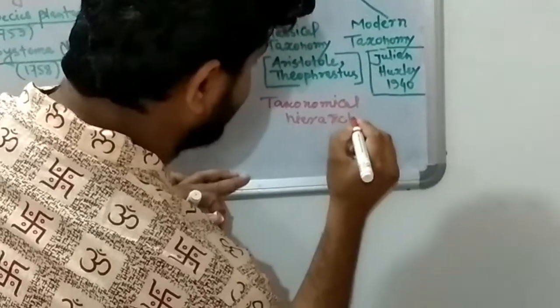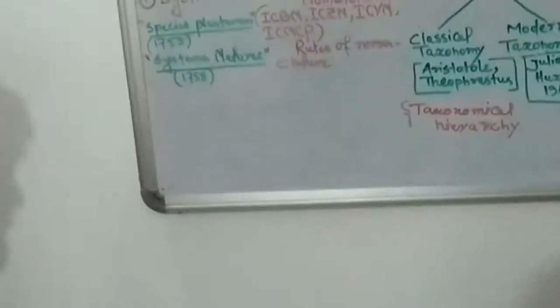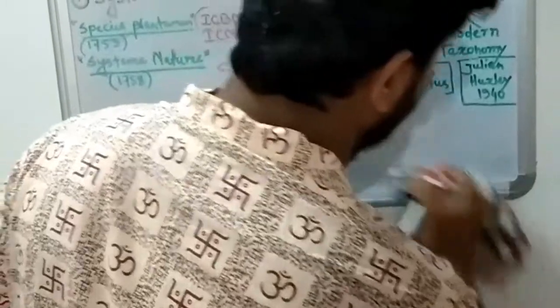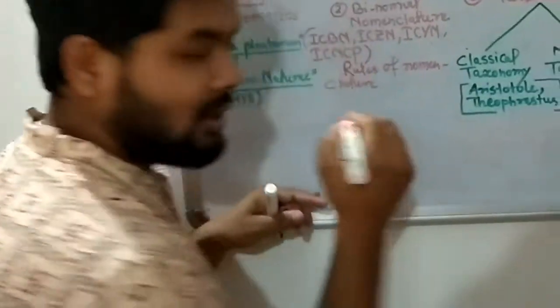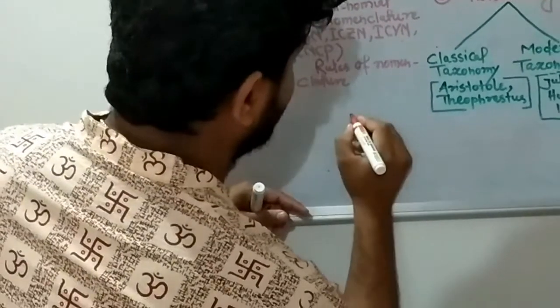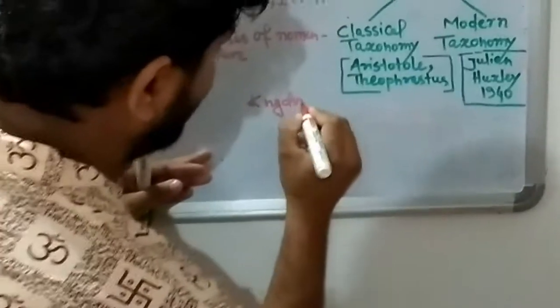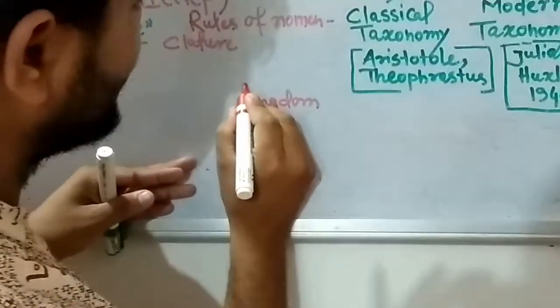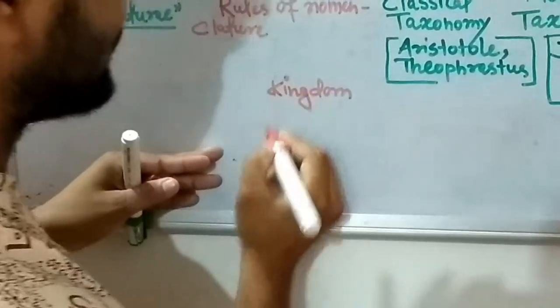Now what is that taxonomical hierarchy? It is nothing but the different categories within taxonomy. Now what are the different categories? The hierarchy of the different categories is, first of all, kingdom. It is in the highest position.